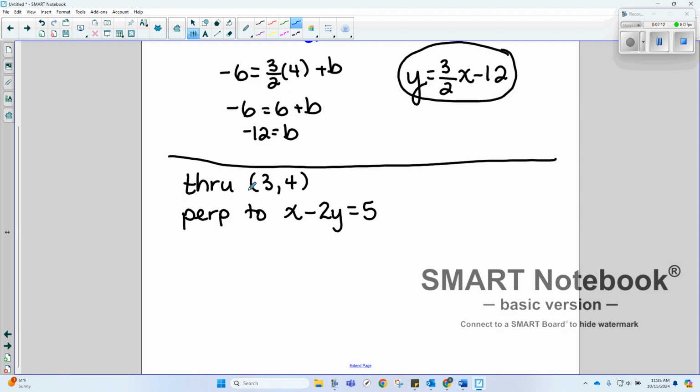Again, here's the point that I was given that I want to pass through. But I need to figure out what slope I'm supposed to use.